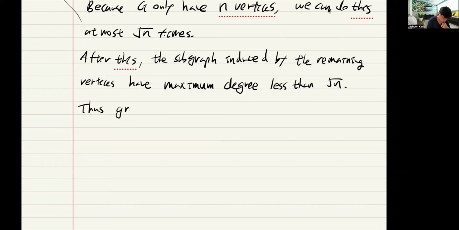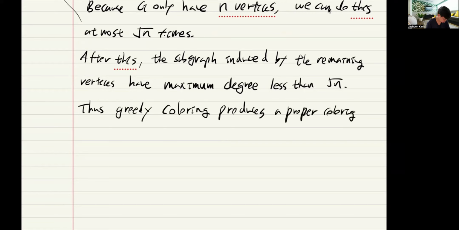Thus, greedy coloring, as we did before, on this graph with a totally new set of colors, produces a proper coloring of this subgraph using at most square root of n additional colors.